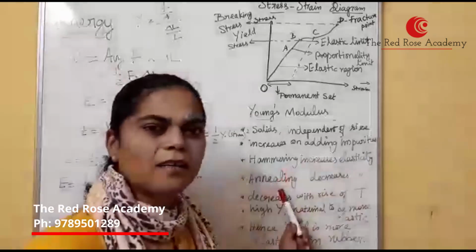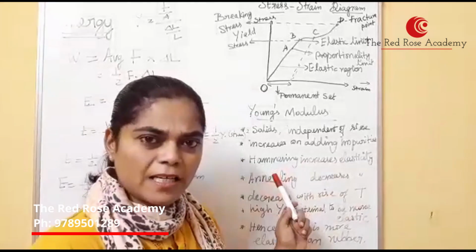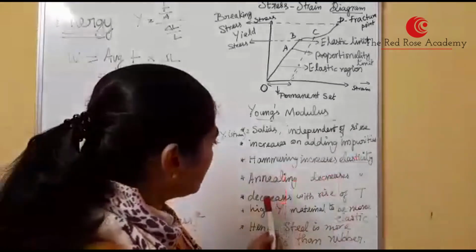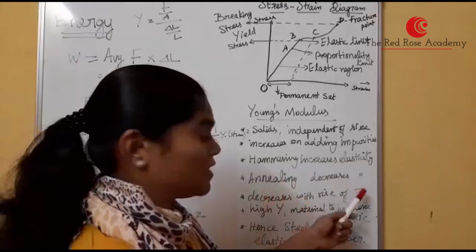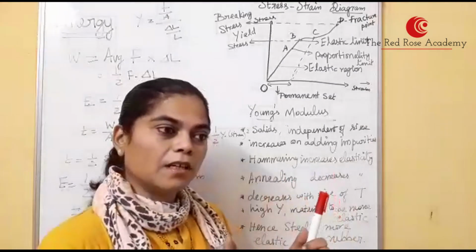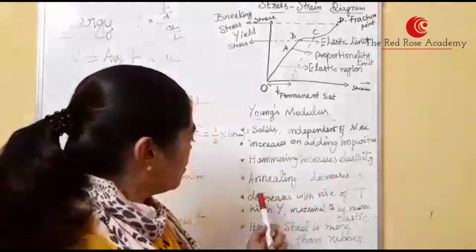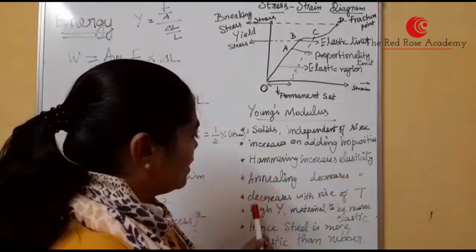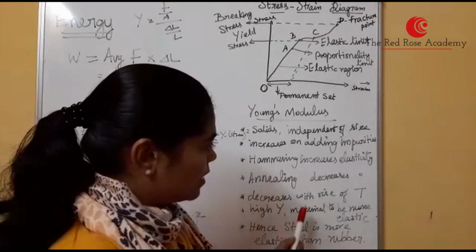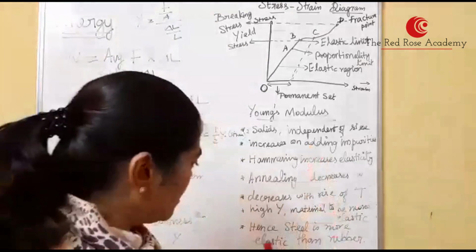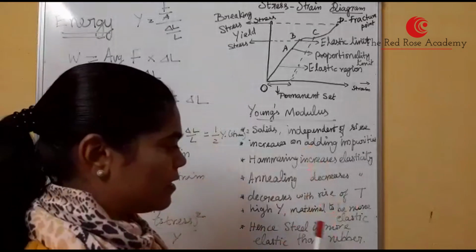What is meant by annealing? Alternate heating and cooling of a material results in decreased elasticity. Young's modulus Y also decreases with a rise of temperature. If Y increases, the material is said to be more elastic. That we know, isn't it? Hence steel is more elastic than rubber.